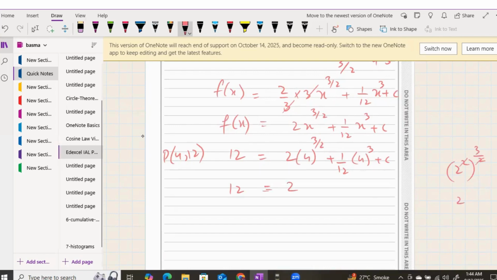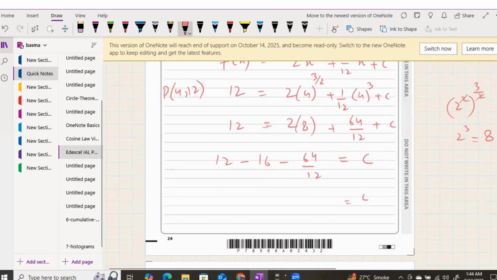This 2 can be cancelled out, it is 2 to the power 3. 2 to the power 3 can be written as 8. Okay, so I can write 2 times 8 here, plus 4 to the power 3 is 64, so 64 over 12 plus c. Now you do 12 minus 2 times 8 is 16, and minus 64 over 12 is equal to c.